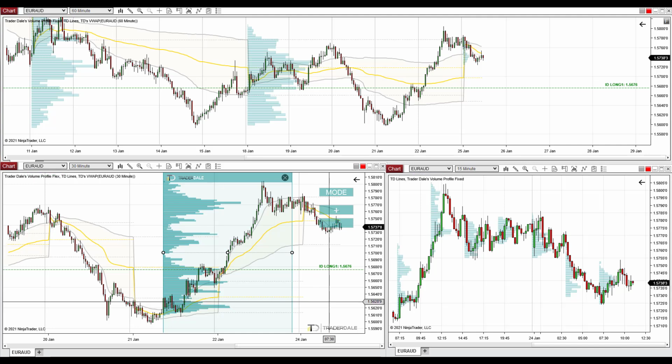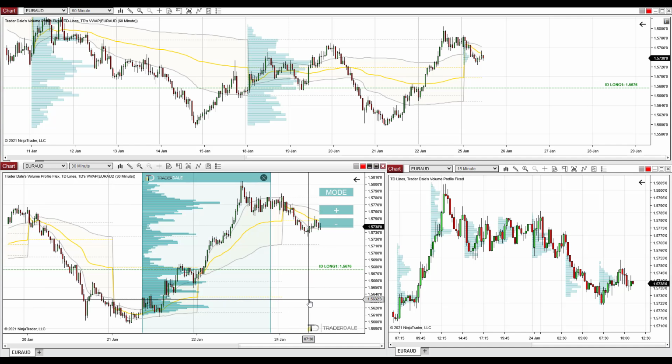So the first trading idea is in here, and it is a strong day trading support which I wanted to show you. It is at 1.5676. Let me now show you the logic behind this one. A recent development on the Euro Australian dollar was strong buying activity, an uptrend.